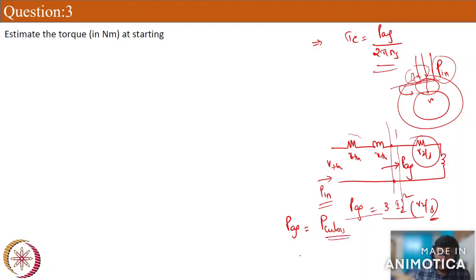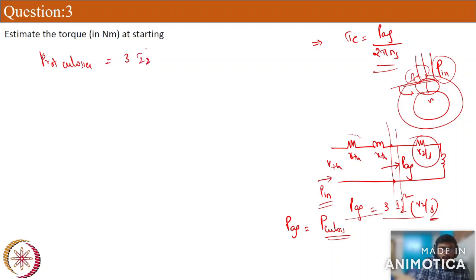Now, what is the rotor copper loss in this condition? If we calculate that and divide it by 2 pi ns, we will get the torque. Let's calculate the rotor copper losses in this condition.